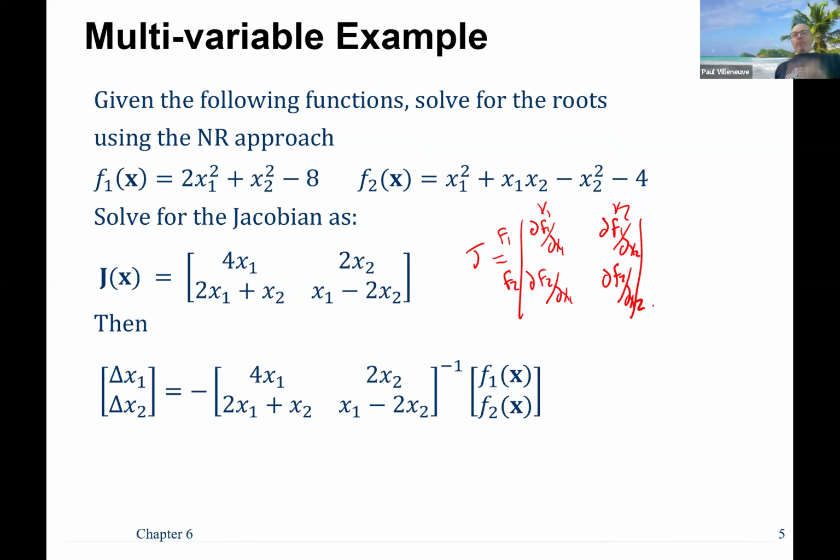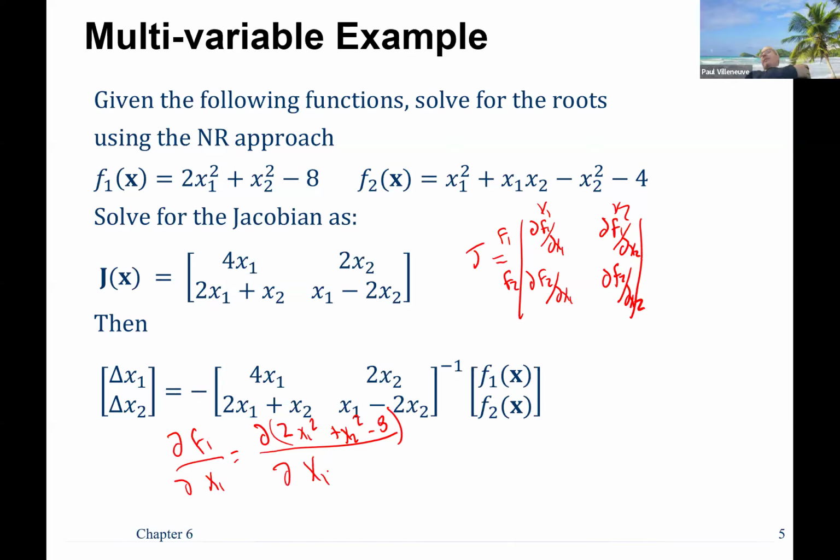So I've got to take 4 partial derivatives. I need the partial of f1 with respect to x1. So that's going to be the partial of 2x1 squared plus x2 squared minus 8, and I'm taking the partial of that with respect to x1.